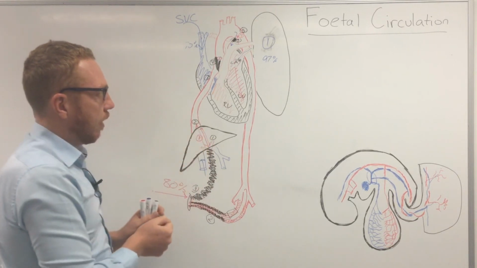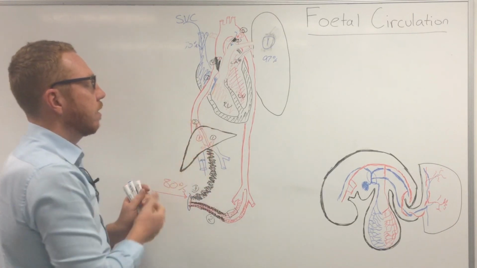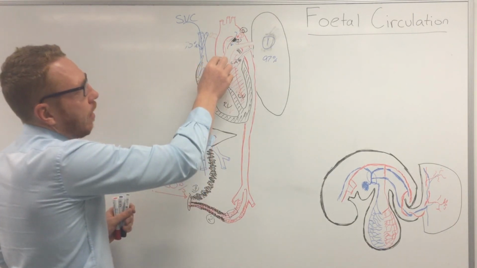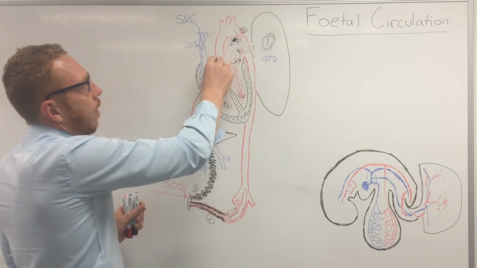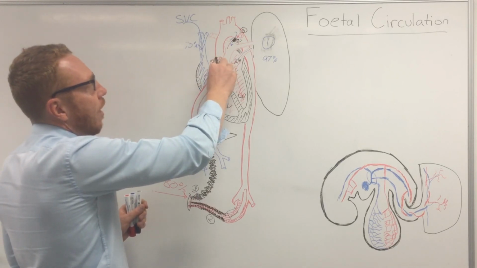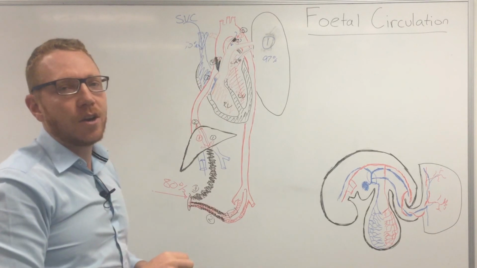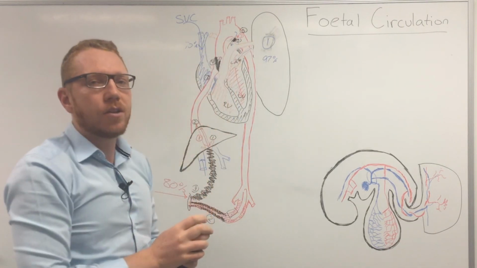Around the back is the ligamentum venosus, which is the remnant of the ductus venosus. And then finally we've got the fossa ovale, and the ductus arteriosus is now the ligamentum arteriosum.